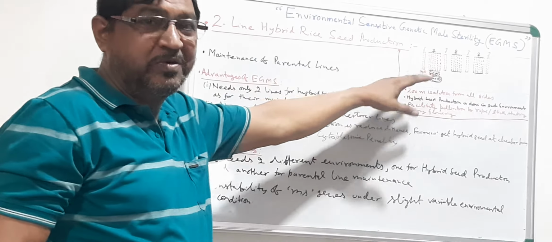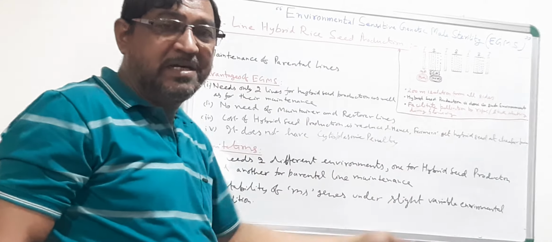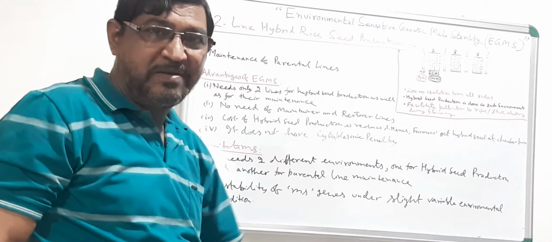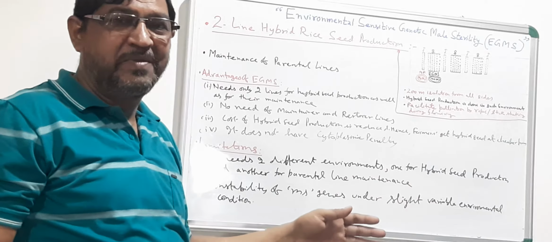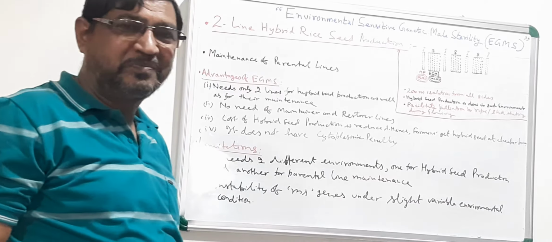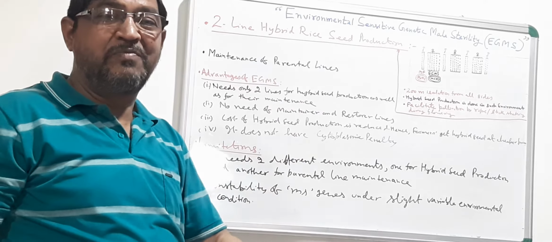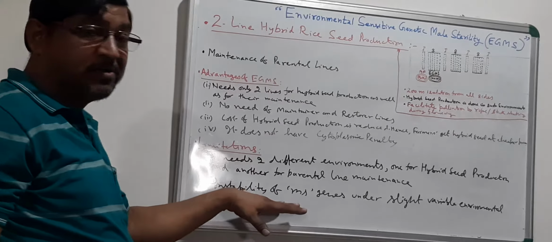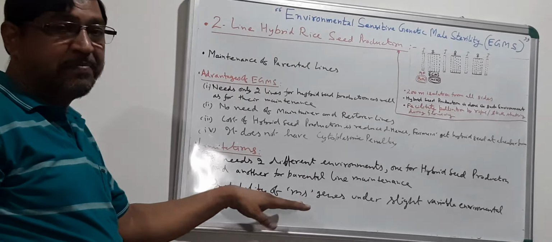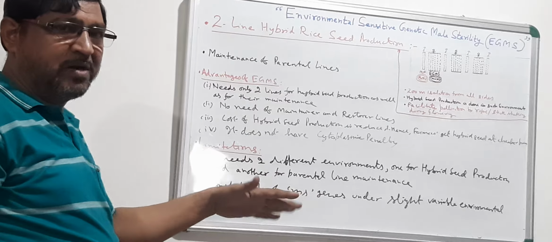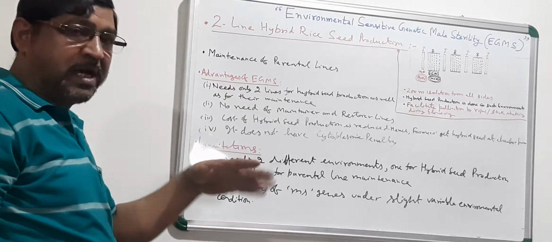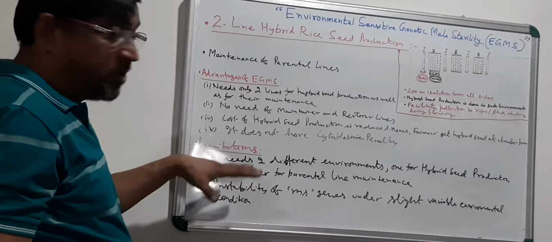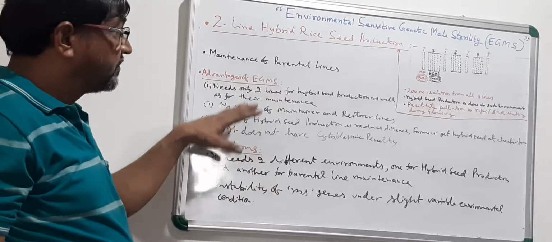Of course, you have grown it. But for some period, if there is below-critical temperature during flowering time, many plants will become self-fertile. That will create a problem, so you have to be cautious. Once it happens, your hybrid seed will not be usable as hybrid seed. So these are the limitations you see.